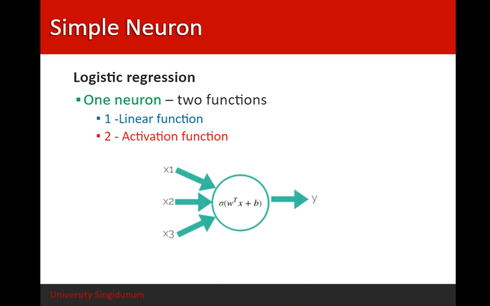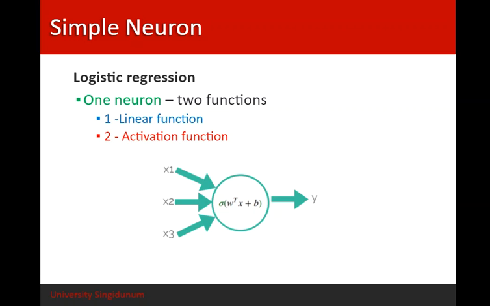This picture represents the model of a single neuron, which has inputs x1, x2, and x3, and these inputs correspond to the number of input features of the data. You can see these arrows, which are the connections to the neuron, and this node is the neuron, also called a hidden unit. Inside this neuron we have two different calculations.